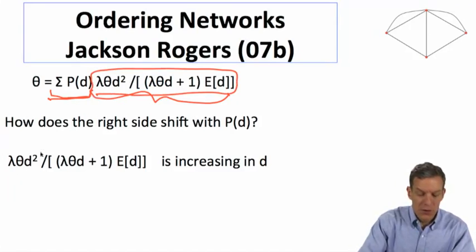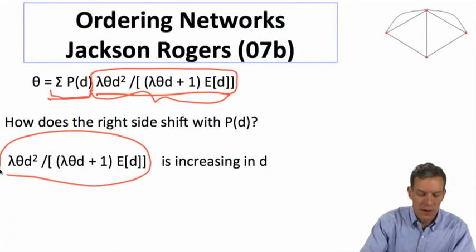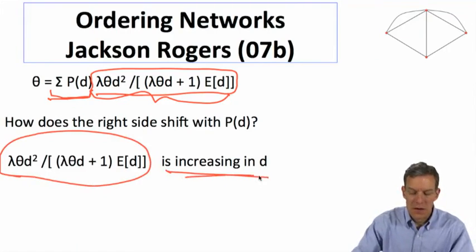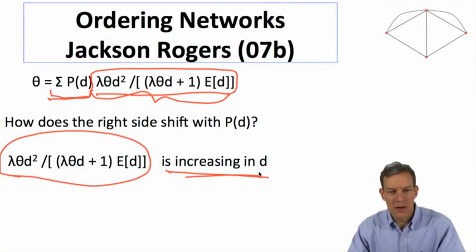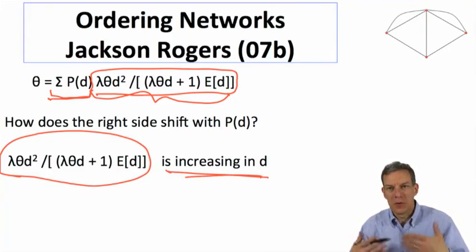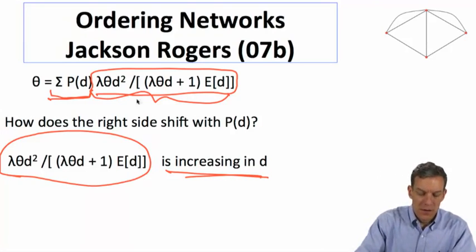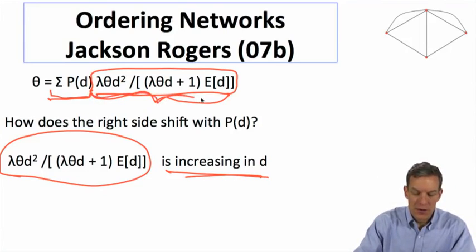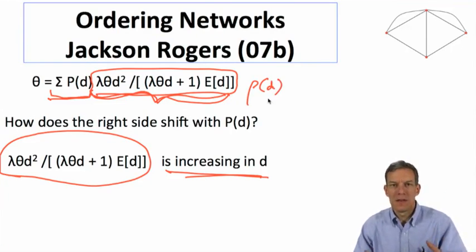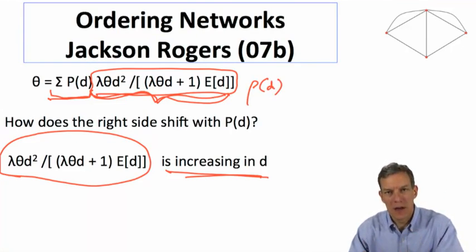One thing we notice, so we're taking expectations with respect to degrees, is that this thing is increasing in degrees. Okay, so higher degree nodes are going to have higher relative expected infection rates, and basically that's what we're getting here. This is, remember, our old rho of D, and so this thing is going to tend to be higher for higher degree nodes.